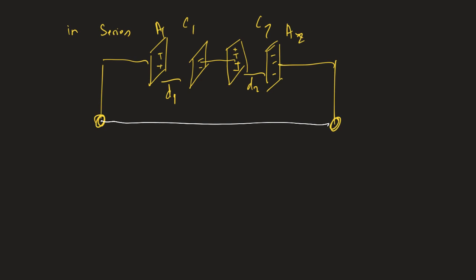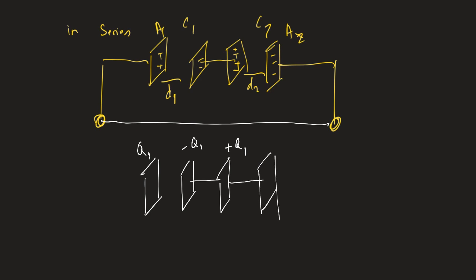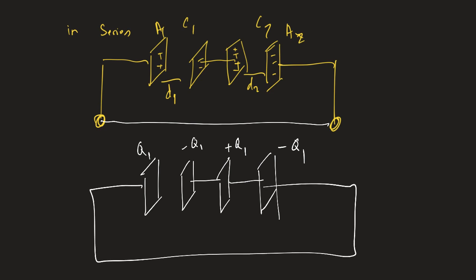The cable will rearrange the charge, and at the end some charge Q1 will appear here, the same charge minus Q1 here, the same charge plus Q1 here, and the same charge minus Q1 here. And now I can close the circuit.